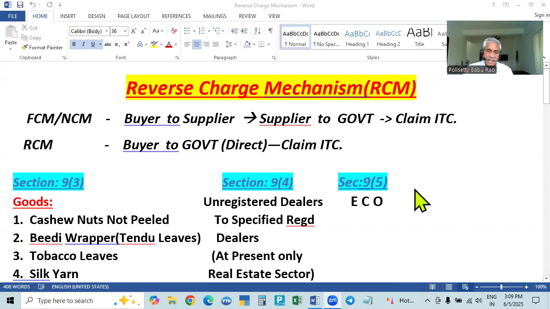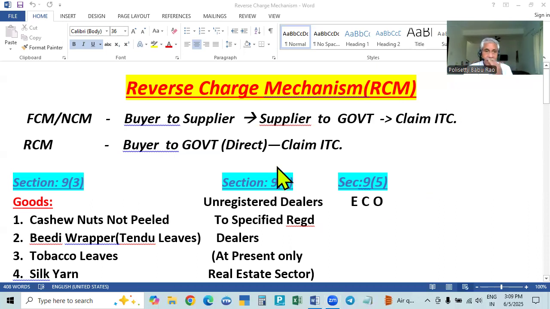So the buyer will automatically get the ITC from the department. You'll get back the amount in the shape of ITC if the goods are taxable, as well as eligible for ITC. That is, if the ITC is not blocked or ineligible, you will get the ITC back.